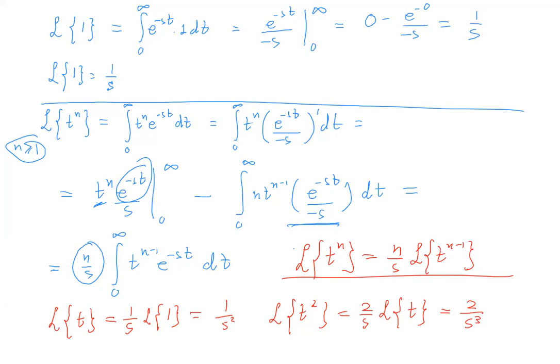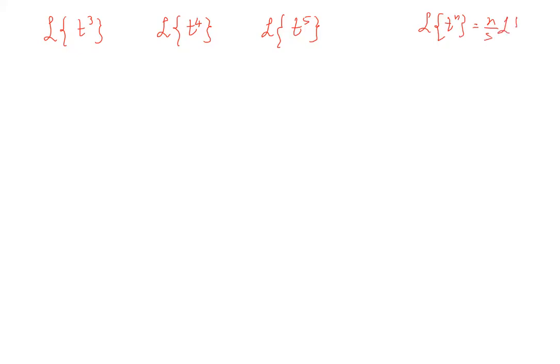Could you please go ahead and compute for me L of t cubed, L of t to the 4th, L of t to the 5th? Let's see if some formula emerges here. Can you please compute this? Again, you will be using the formula L of t to the n is n over s times L of t to the n minus 1.